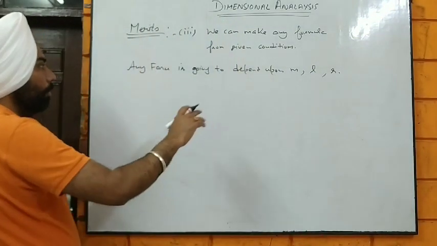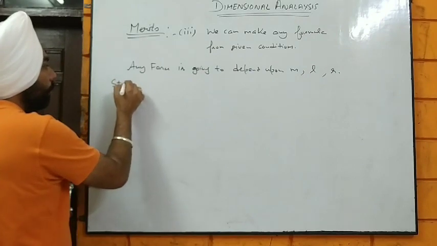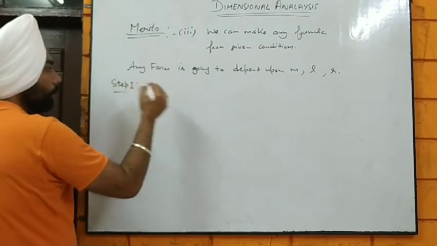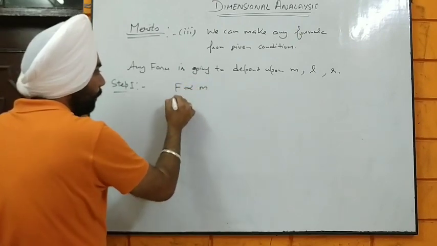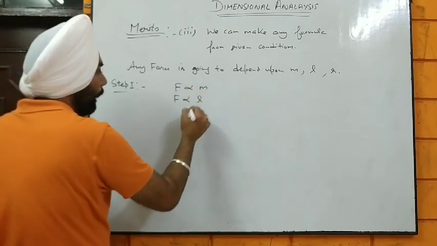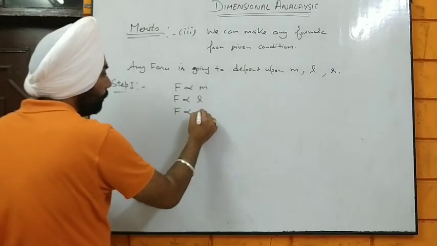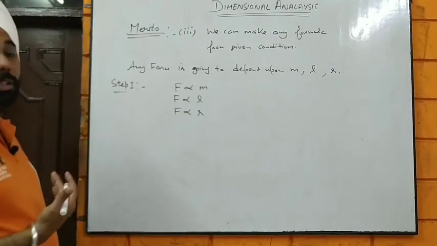For this kind of numerical, step 1 is always very simple. Just write down that force is proportional to mass m, force is proportional to length L, and force is proportional to radius r. That is given to you.